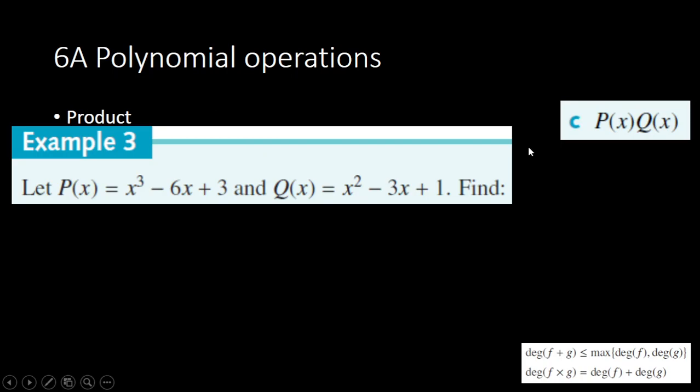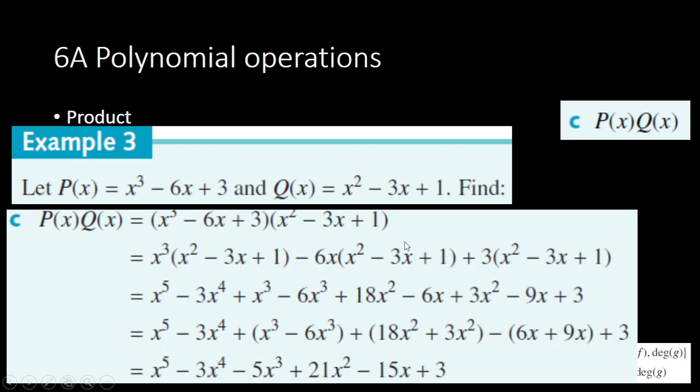Okay, so let's look at the product. As I mentioned before, we look at the same example. The degree will be 6. With the product, what you do is you expand, you multiply. Usually you want to be systematic.